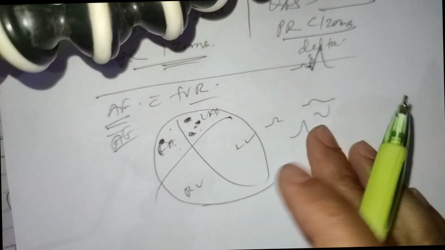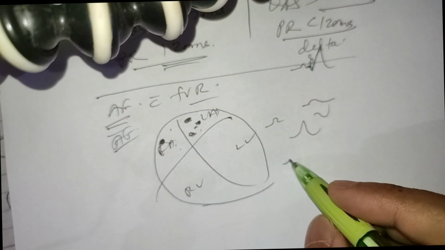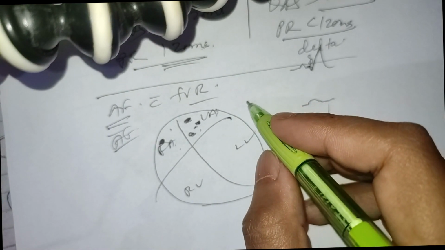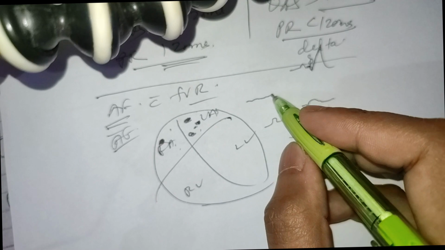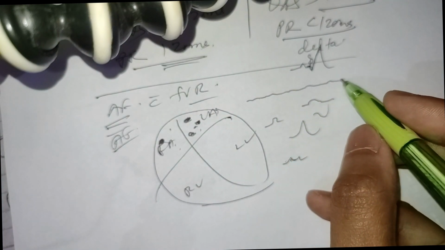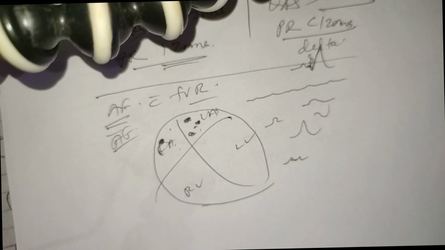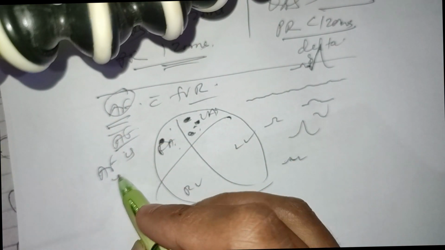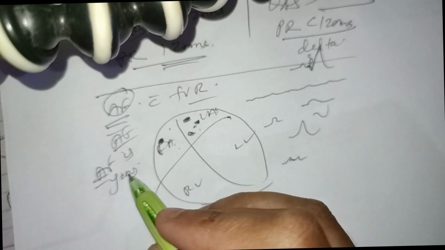So in atrial flutter you can see a little P wave, but in atrial fibrillation you won't be able to detect the P wave. It will mingle with the straight line, it will disappear. It is so rapid.